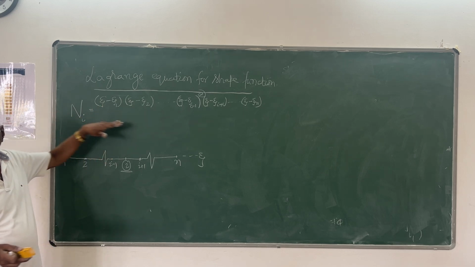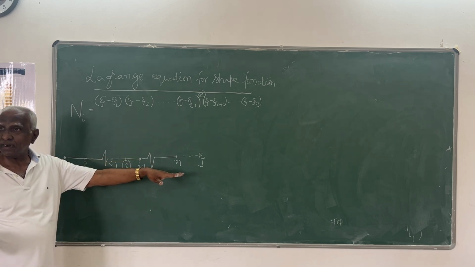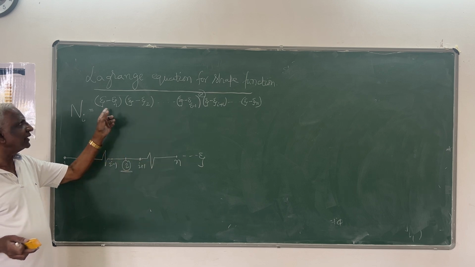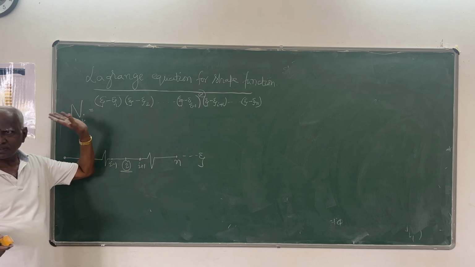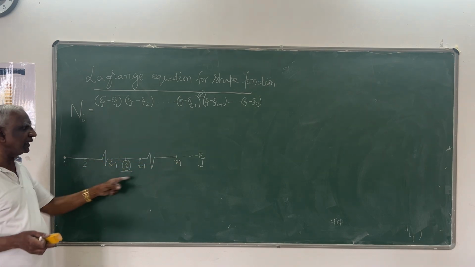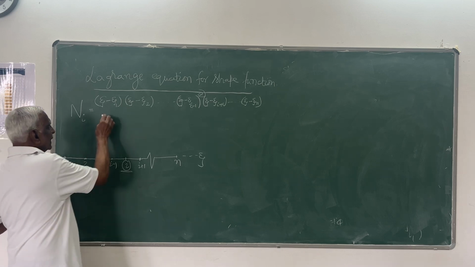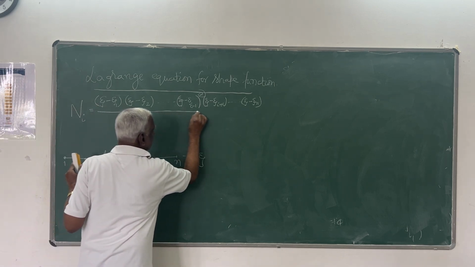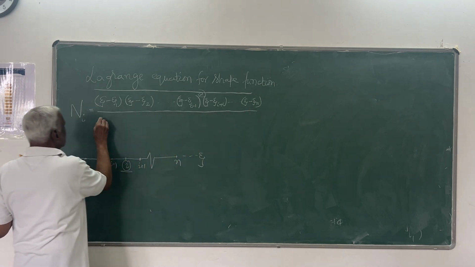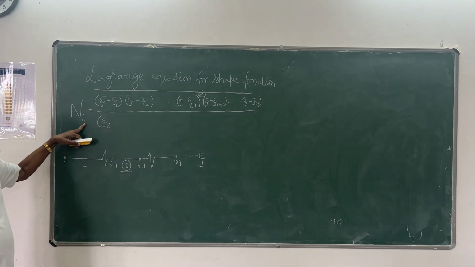If you are using the Lagrange equation for an element in Cartesian form, you use the variable x. If it is in natural coordinate form, you use the variable psi. That's all the change. And this entire thing is multiplied by the psi coordinate of the point under consideration.